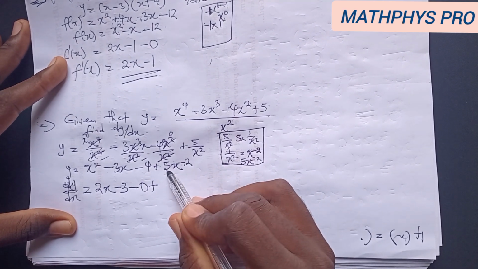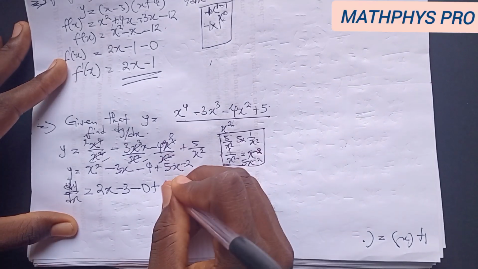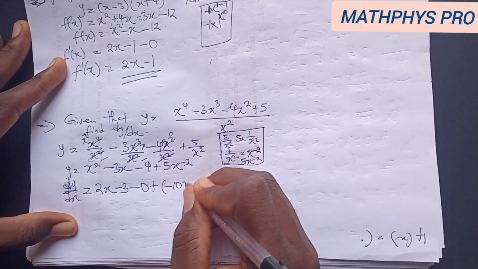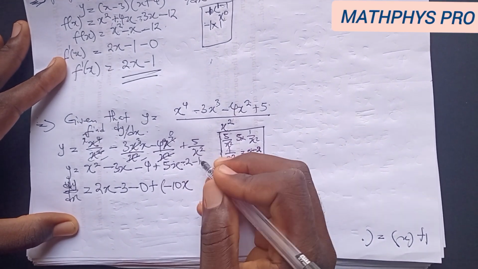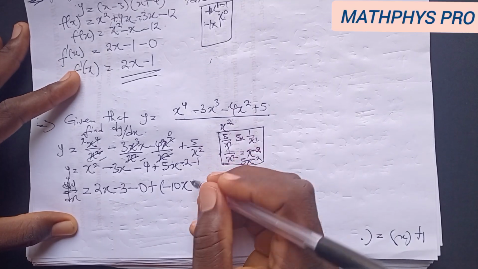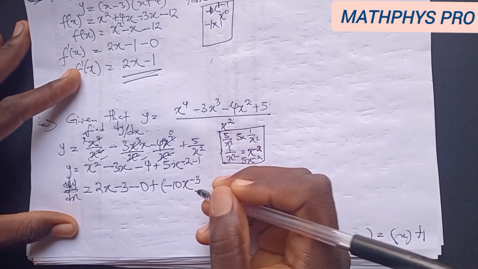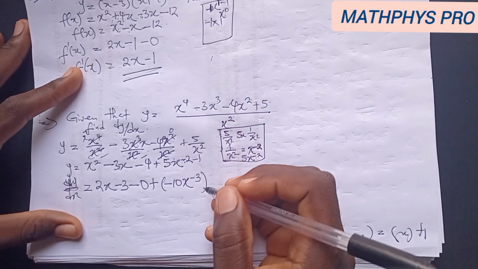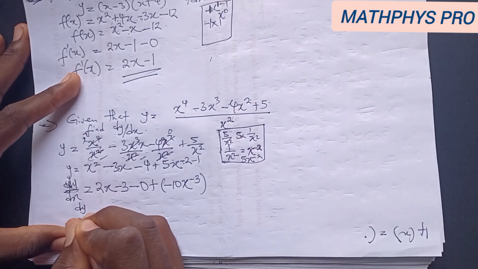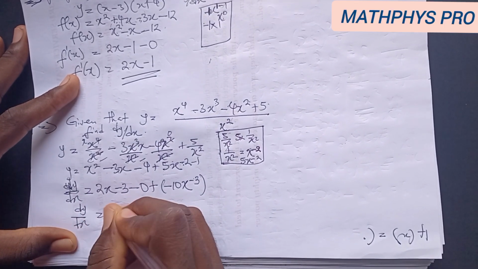Minus 2 times 5 gives minus 10, so you have minus 10x. Then minus 2 minus 1 gives minus 3, so x raised to minus 3.